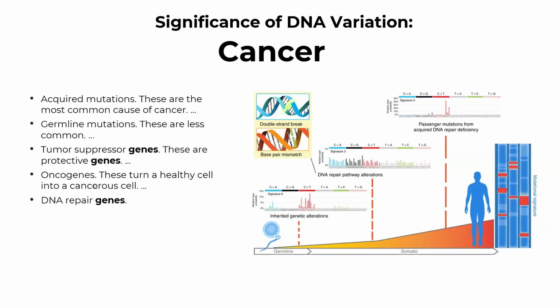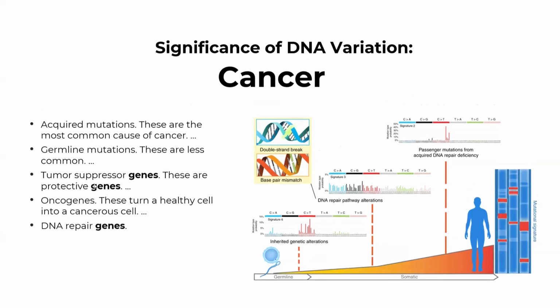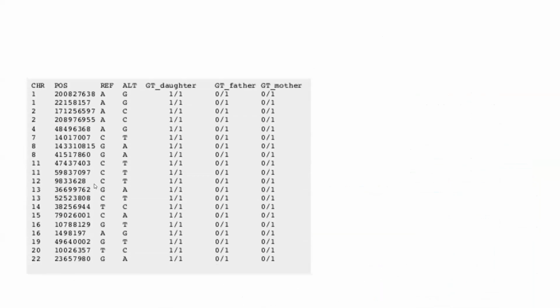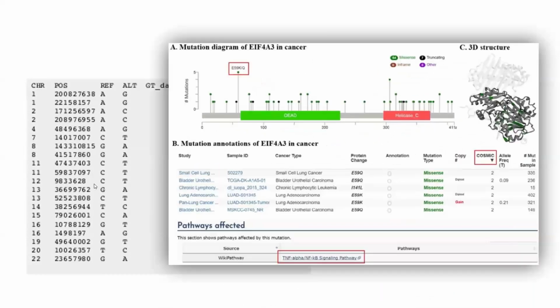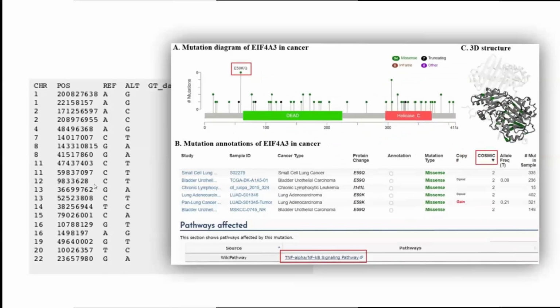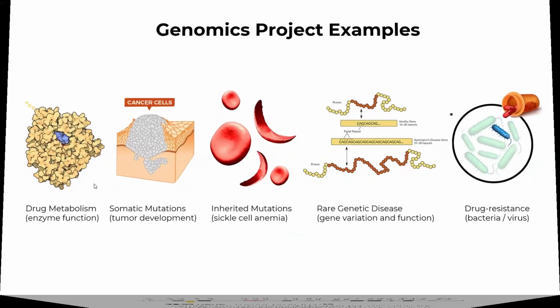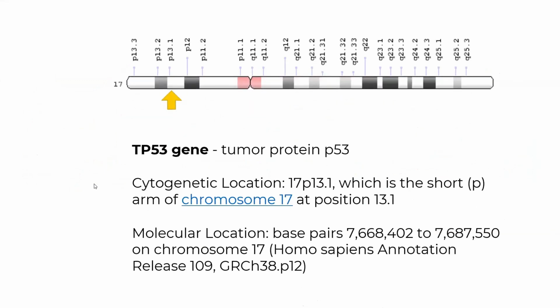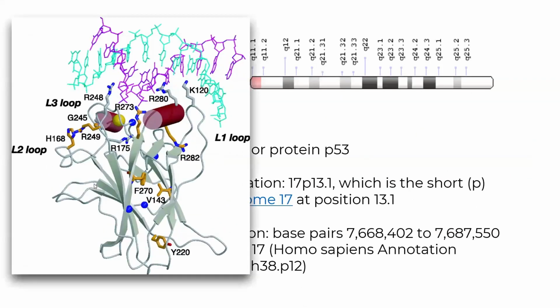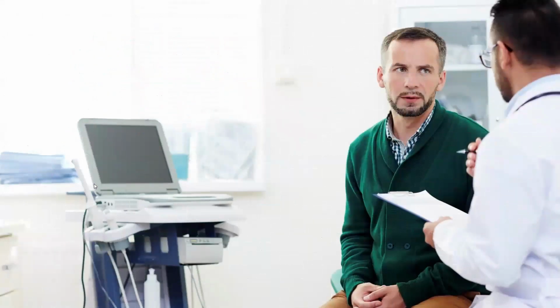For variant calling, we'll discuss the breast cancer gene TP53 in general and look at some novel variants that we were able to identify. And for phylogenetic analysis, we will look into the SARS-CoV-2 study specifically. There are also several genomic project examples that we'll be discussing, including the TP53 gene example that I mentioned.